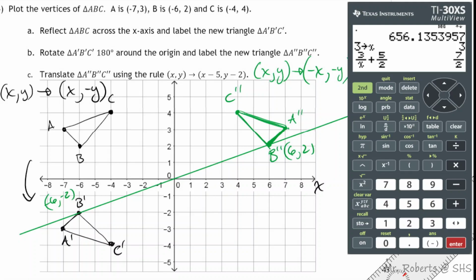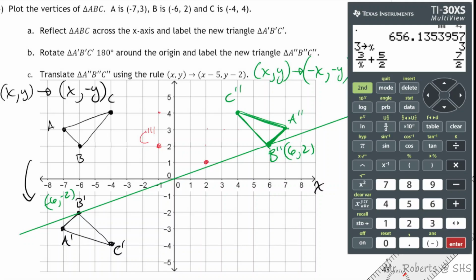The last thing I have to do is this translation rule. So X's are going to be decreased by 5, and Y's are going to be decreased by 2. I'll use red for this. I'm going to go back 5, 1, 2, 3, 4, 5, and then down 2. So I think this is where C triple prime goes. And then A is going to go back 5, 1, 2, 3, 4, 5, and then down 1, 2.